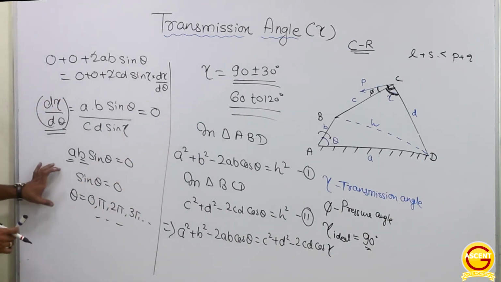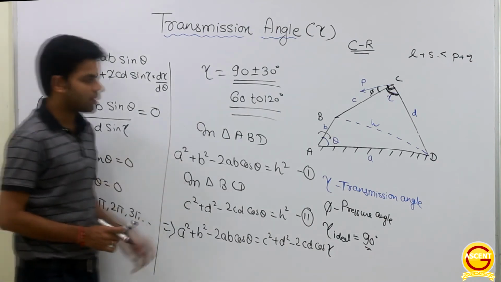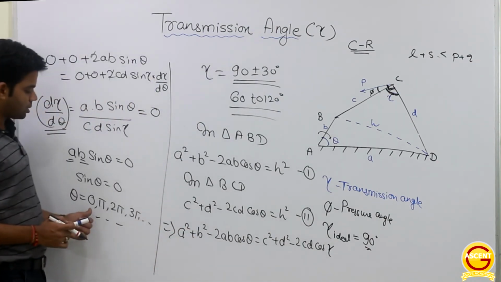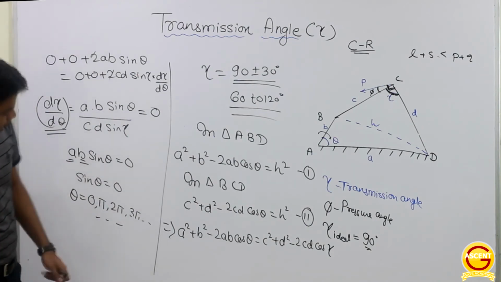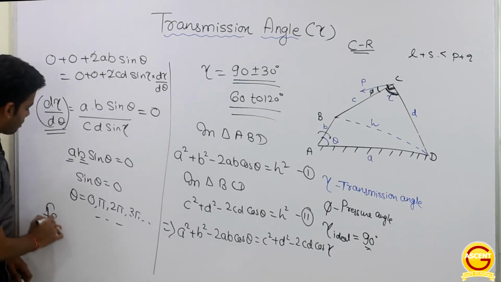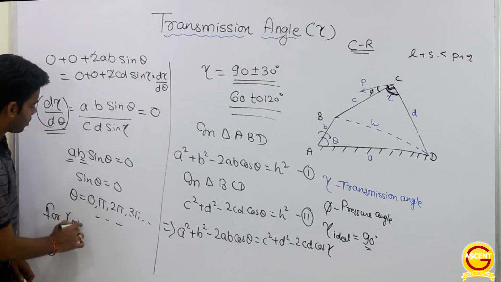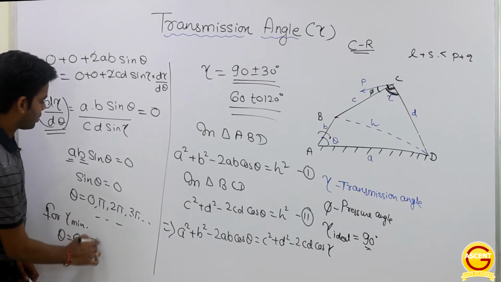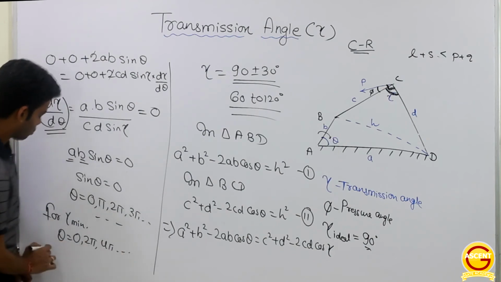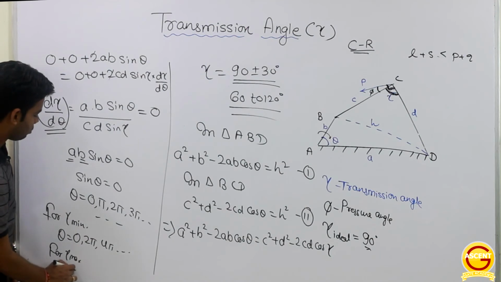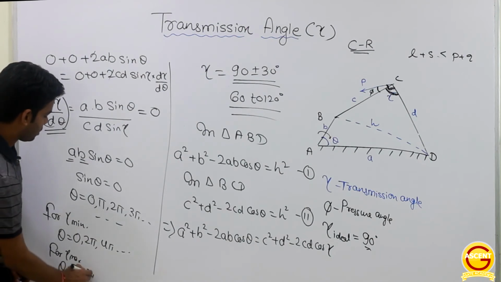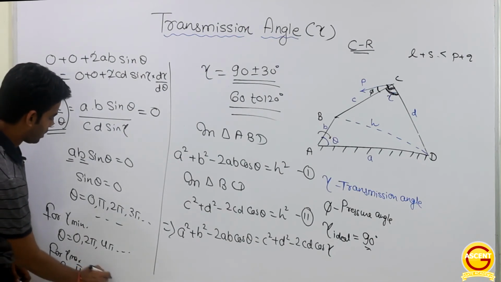So for maximum and minimum value of this gamma, this theta should be equal to 0, pi, 2 pi, 3 pi, and so on. And for gamma minimum, this theta should be equal to 0, then 2 pi, then 4 pi, and so on. And for gamma maximum, this theta should be equal to pi, 3 pi, 5 pi, and so on.